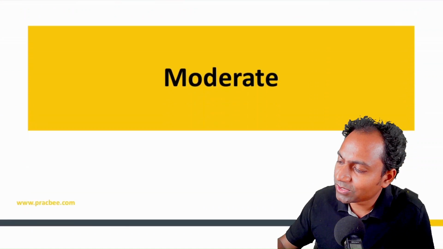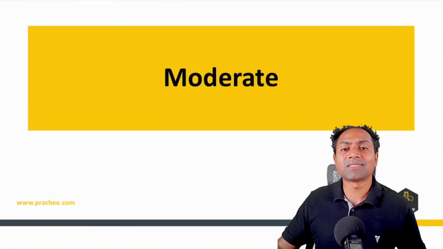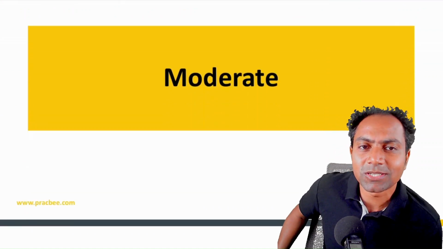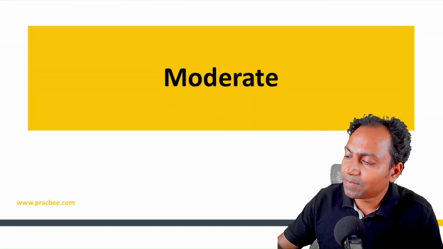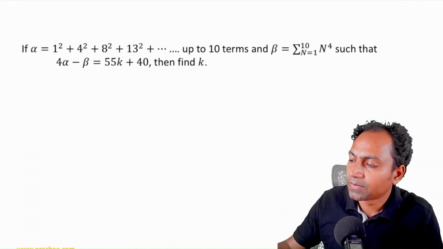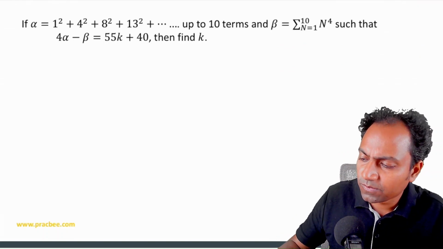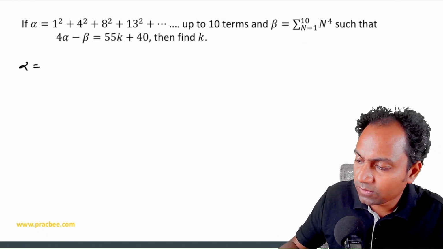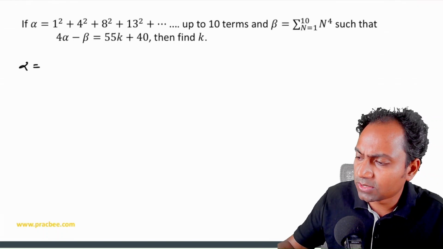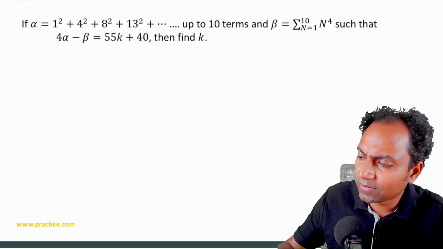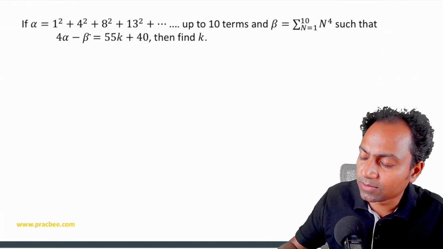Now let us move towards moderate questions that were asked in the paper. And as I already told you, there were no difficult questions, just few moderate questions that play with the idea of series. Now in this question, in fact, this is a very interesting question. What they've given is the value of alpha. But if you look into these terms in the alpha, I'm not going to exactly write alpha. Let us understand what is the nth term of this.